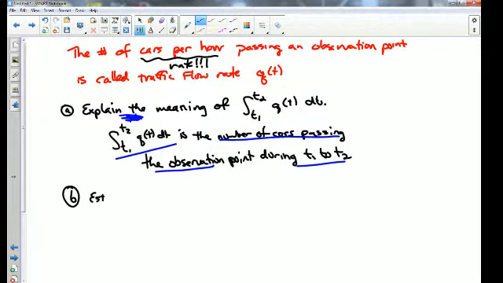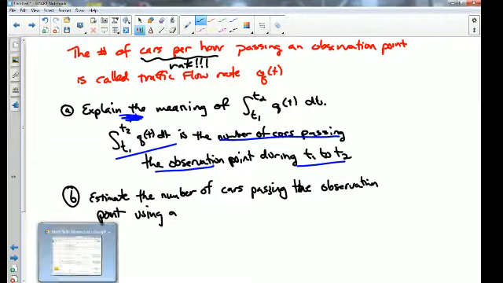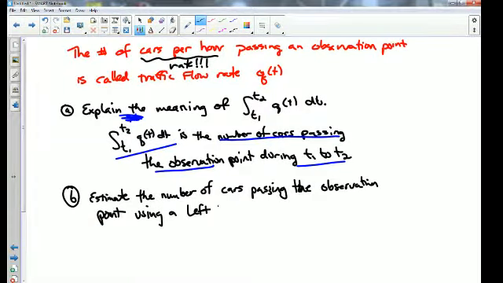Let's estimate the number of cars passing the observation point using a left Riemann sum with, let's go with 4 subintervals.